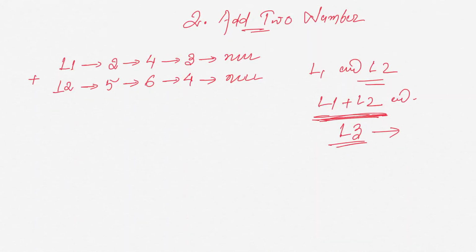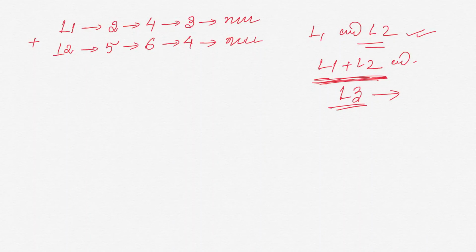So how are we going to approach this question? This is the first thing which is coming to my mind. Before starting the solution, let's discuss some of the things we need to consider. We are given two linked lists, and we need to add both and return the result as a linked list.